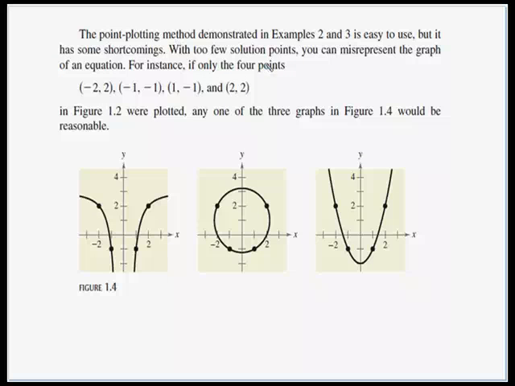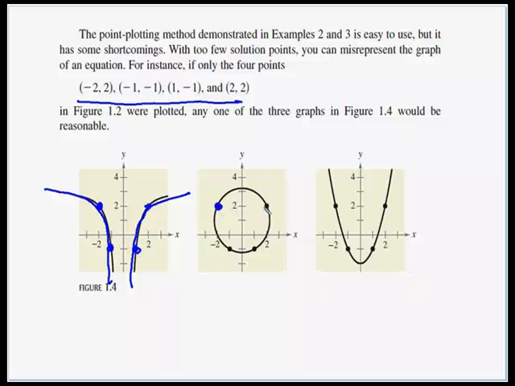So the point plotting method in that example is easy to use, but it does have its shortcomings. With too few solution points, you can misrepresent the graph of an equation. For instance, if you graph these 4 points, maybe one student is going to look at those 4 points and see this type of shape, like a downward opening, almost a volcano shape or hole shape.